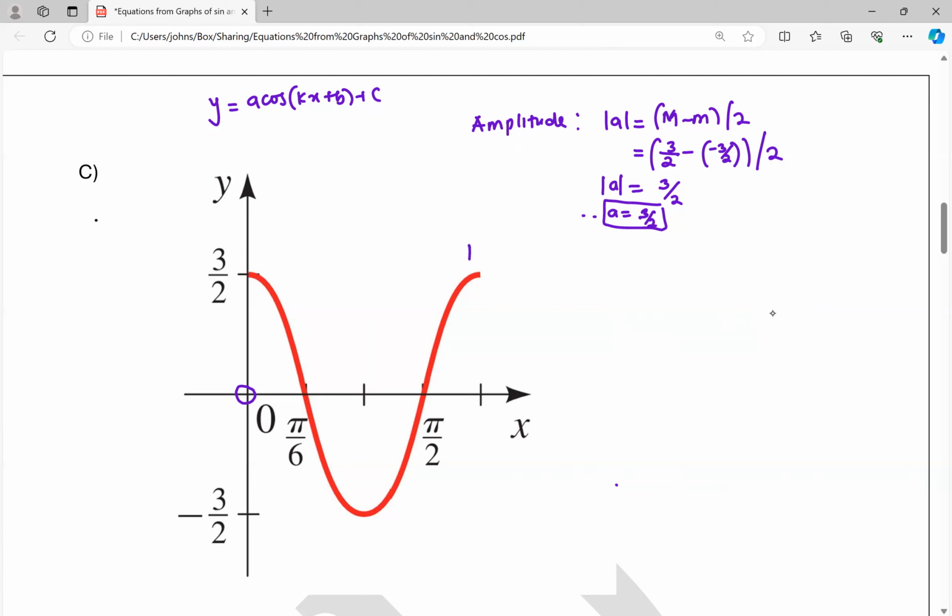Now, period is 2 pi over K, which is the end minus the beginning. Okay, another thing here is that we don't really know the end. The end is not given. So this is this point here.